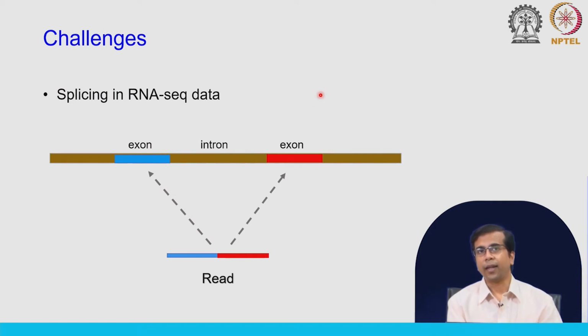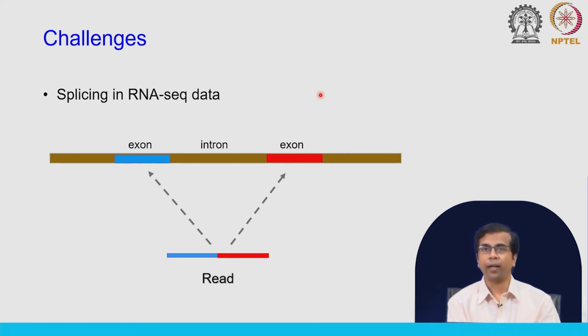And finally, there is another challenge. This is a specific challenge for RNA-seq data. We will talk about this in more detail when we talk about transcriptomic data analysis and read mapping in RNA-seq data. In mRNA you have splicing.